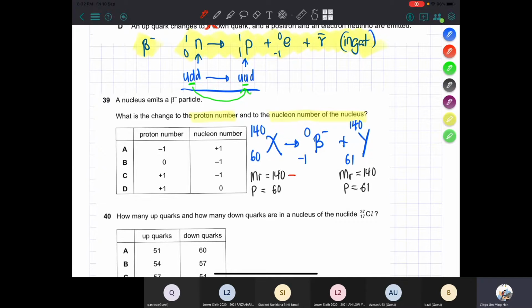So if I look here, there is no change. And then if I look here, we have a +1. So the proton number must be +1. And there should be no change in the mass number, or the nucleon number. So the answer will be D.